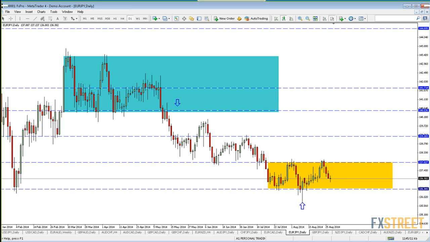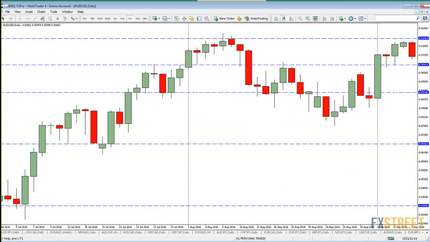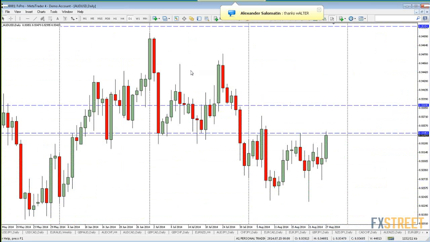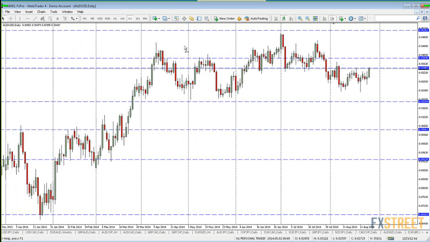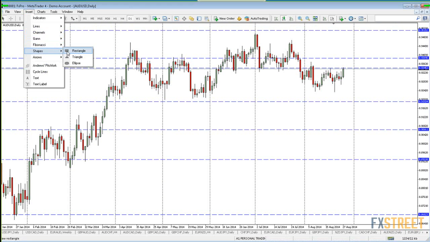Aussie. This one. Yeah, Aussie's definitely in a box, guys. So for me, the Aussie is in kind of a nasty box, and it hasn't really broken out yet.